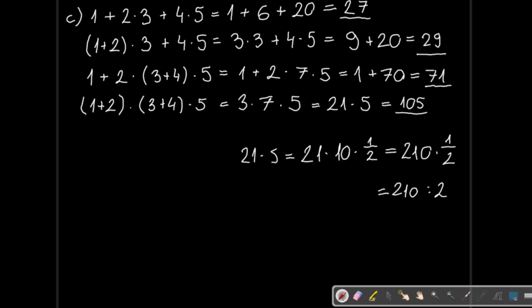And if you remember the column division in the previous video, we take the 2, divide it by 2. 0 remains 1. 0, 5. So 105 and 0 remains.